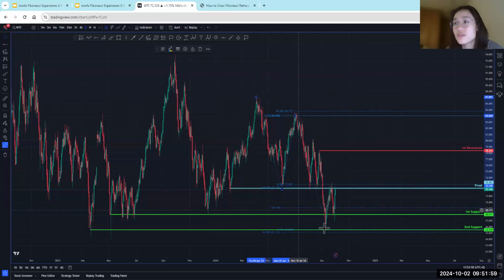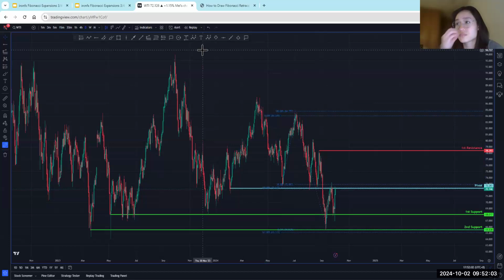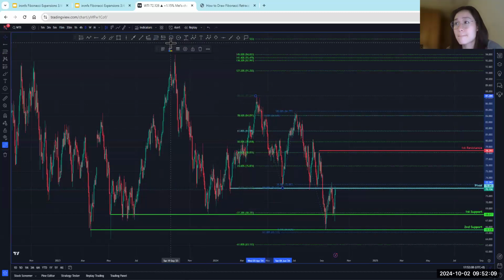Okay, we can't use this level because price has already broken out of it. You can see our minus 27 also lines up with our first support. But again, price has already broken out of it. So here's the lightning bolt shape, if you can't tell.